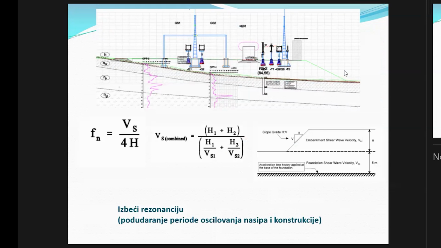First, important, this is also a dynamic analysis. We also have these kinds of frequencies. We have some rough estimation of the dynamic properties of the soil and the ground below, and the general idea is to avoid resonance, for example, of our loading from the earthquake or from the equipment, from the machinery on the mine, falling into resonance with the dynamic characteristics of our embankment or our mining pit.